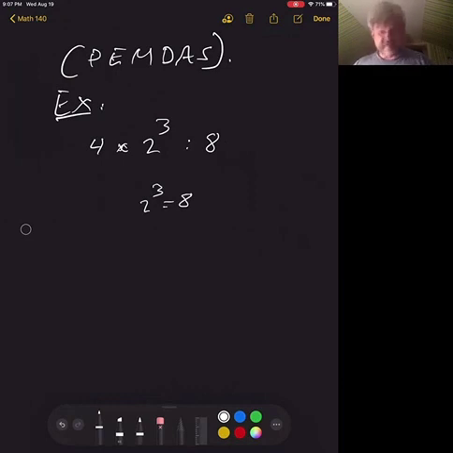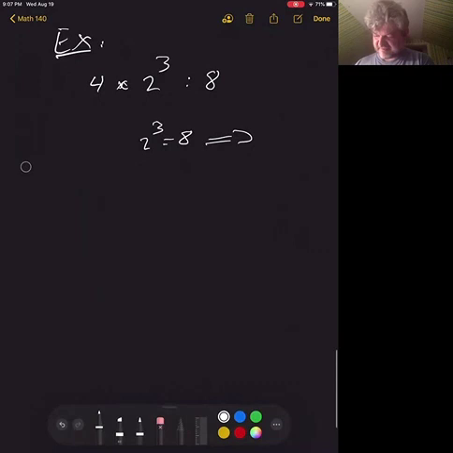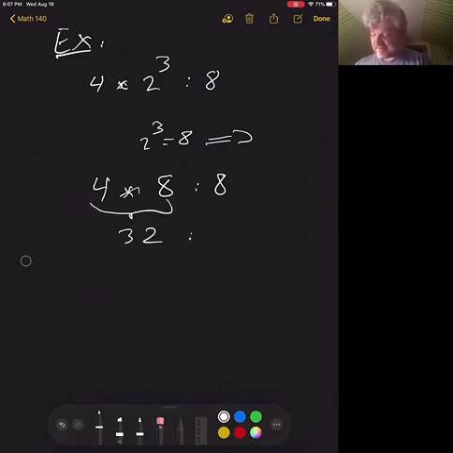And you can replace where it says 2 cubed by an 8. So what we really see here is 4 times 8 divided by 8. And now we've got multiplications and divisions, and we can do them in the order in which they come, and the answer is 4. That would first be replaced by a 32, and then divided by 8, and the answer is 4.